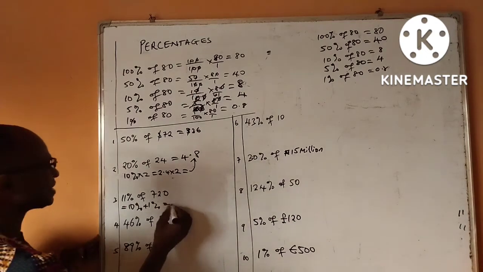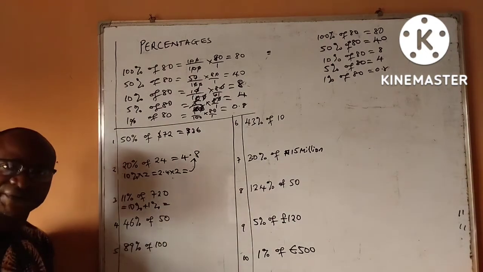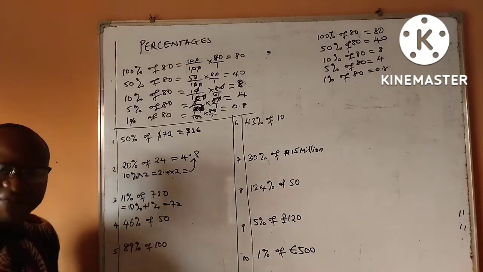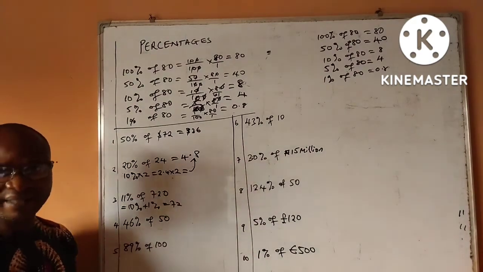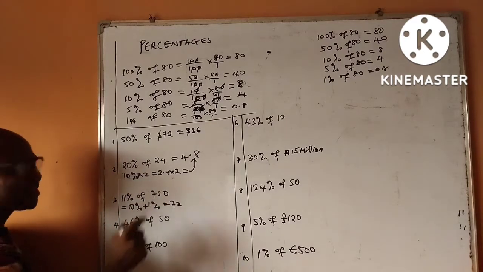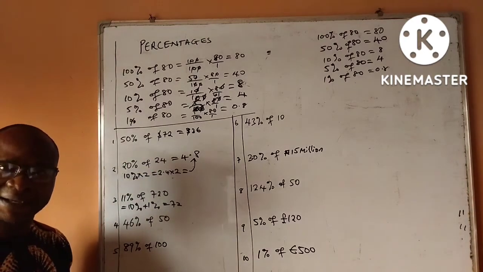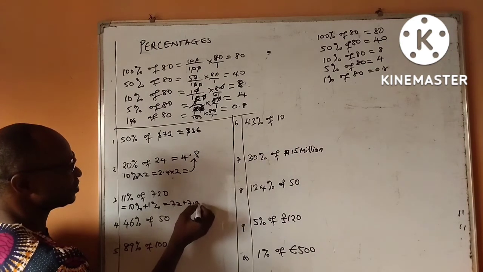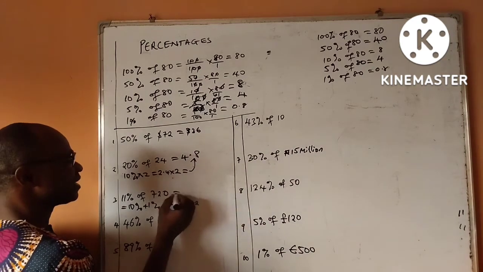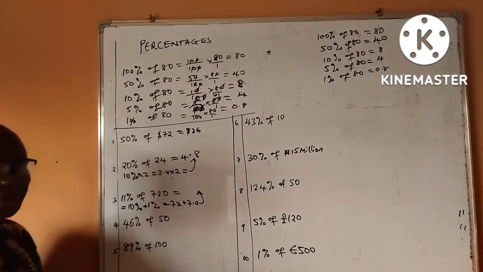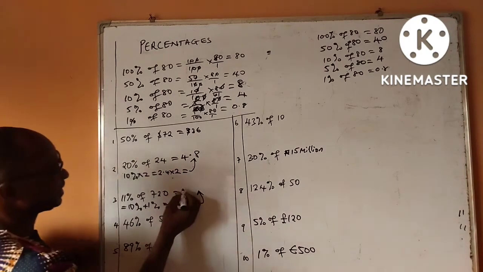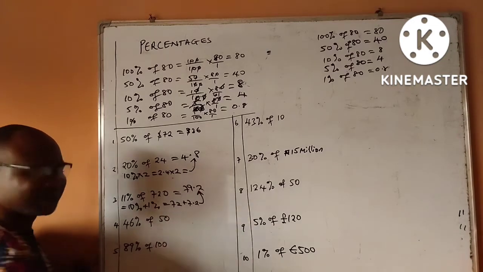So I can now simply say that 10% of 720 is 72. That means divide 720 by 10. While 1% of 720 is simply 7.2. So that is plus 7.2. So in other words, my result is going to be 72 plus 7.2. And that is going to be 79.2.